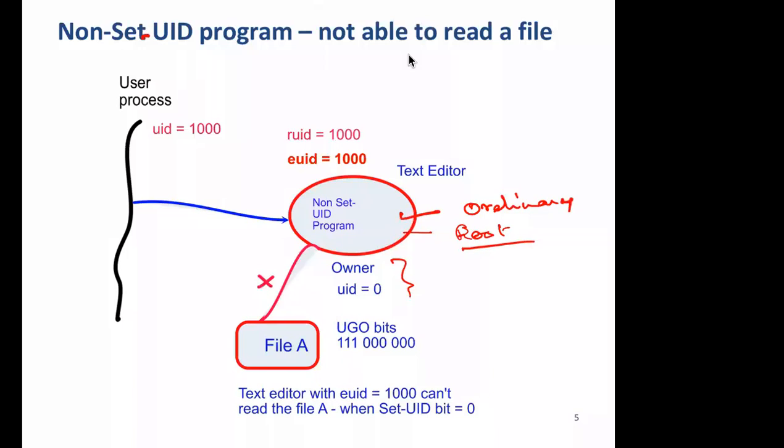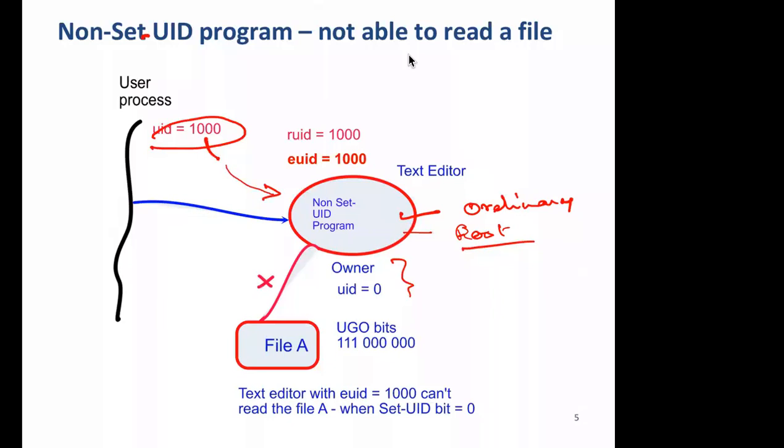But suppose I am executing this as a user, and my user ID is 1000, for example, because when you create a user on a Linux system, you get a user ID number, which generally starts with 1000. The IDs from 0 to 1000 are used by the system for other processes that it creates. So now the user ID for me is 1000. I am an ordinary user, and I am using a program that is owned by root.